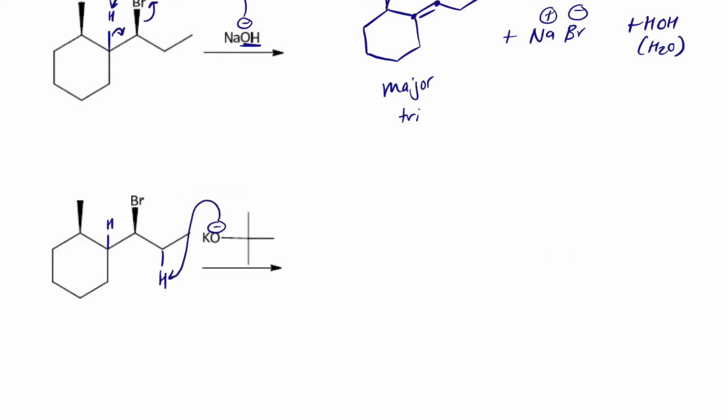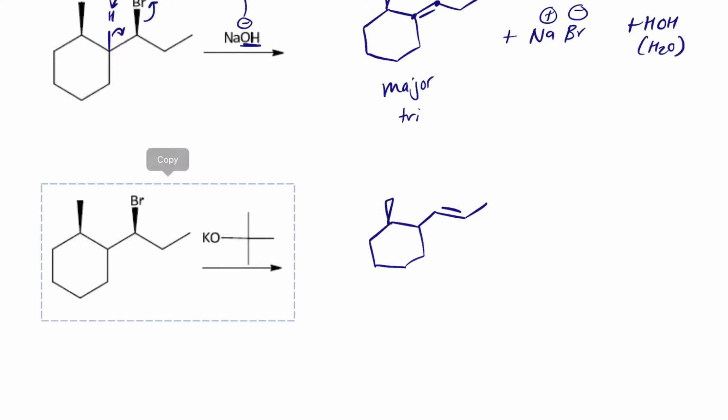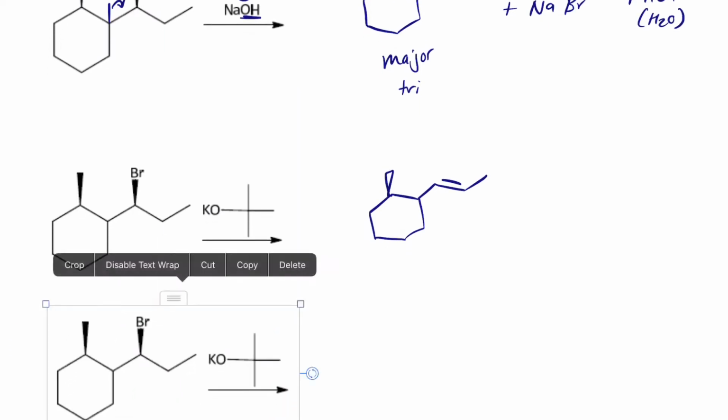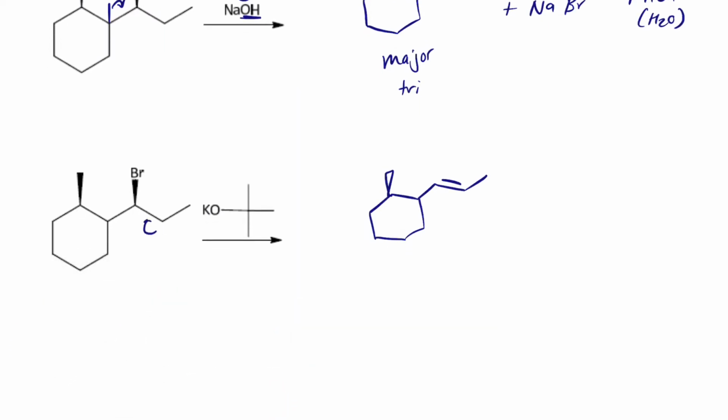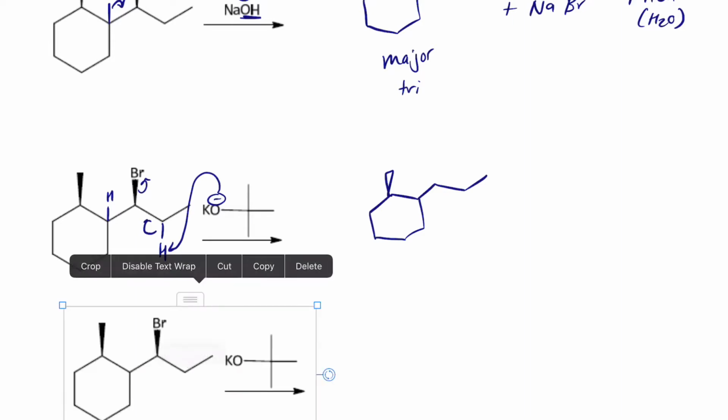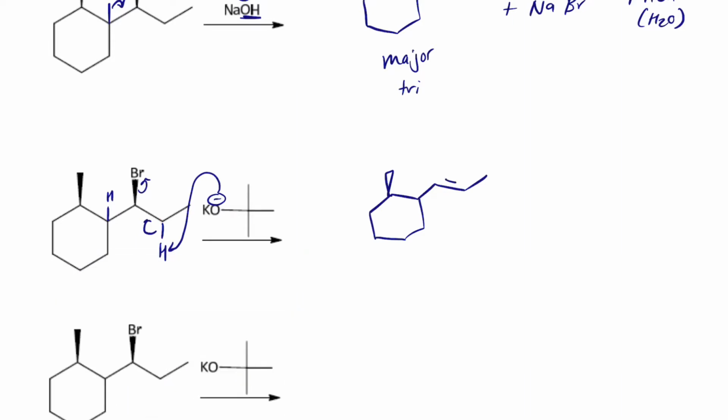I can come in, take that H, electrons fall back, kick out bromine. And then what we could also have is we could take off this H, electrons fall back, leaving group leaves.